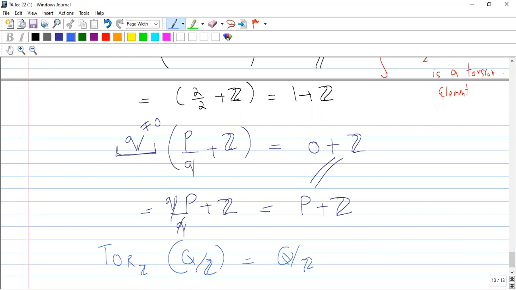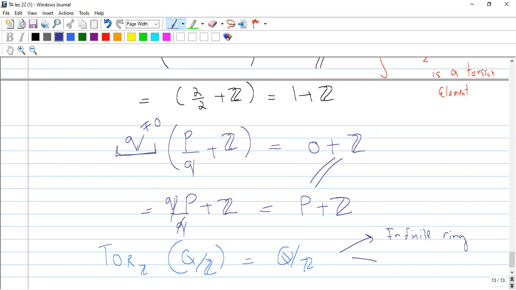This example shows you that the ring is infinite, but every element is a torsion element. So such a ring is also called a torsion ring. So this is an element of an infinite ring, infinite because it has an infinite number of elements.